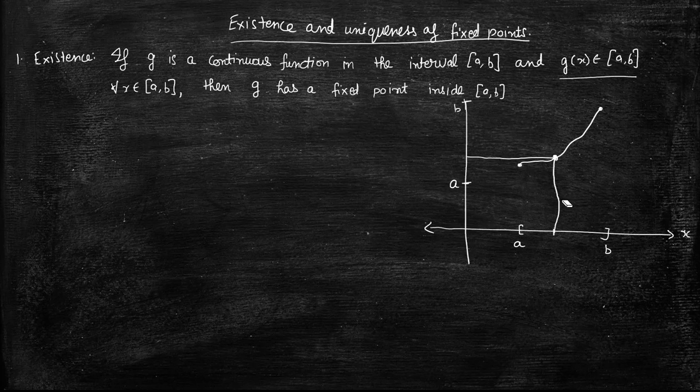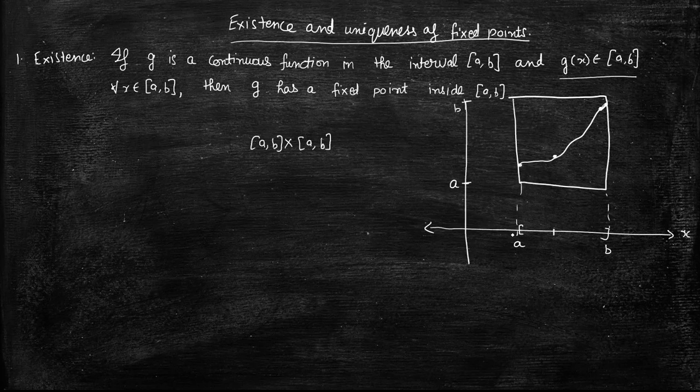The meaning of this statement is that if we have a square defined by the Cartesian product [a, b] cross [a, b], then this square will contain the function g. So our a was here, something like this, where b is here and a is here.